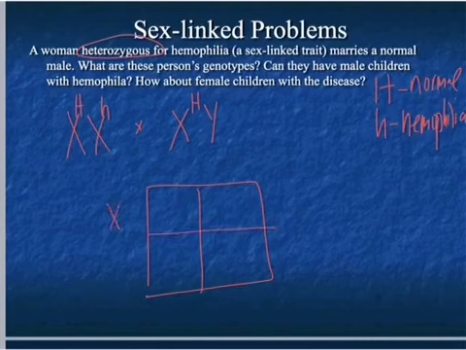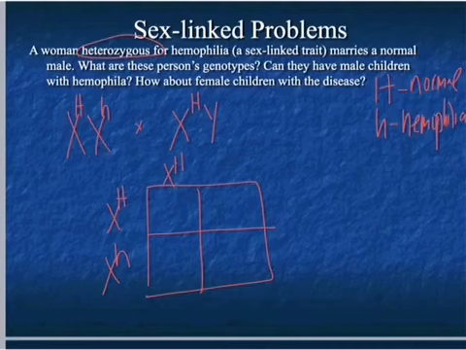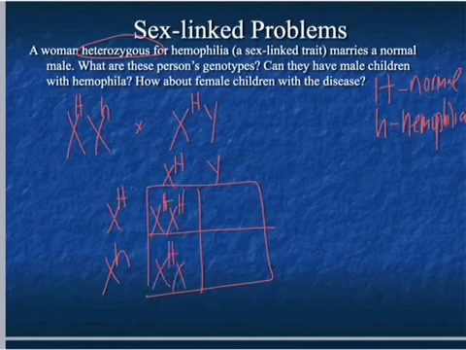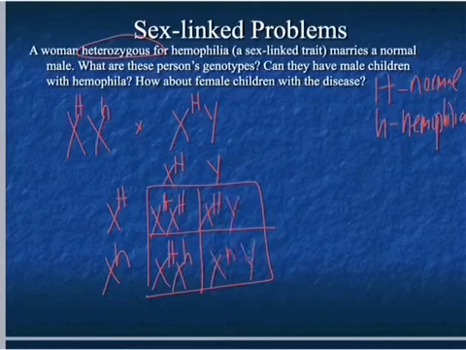We're never going to break apart the gene from the sex chromosome. So you fill in the Punnett square just how you always would. Okay, and then it asks, what are these person's genotypes?